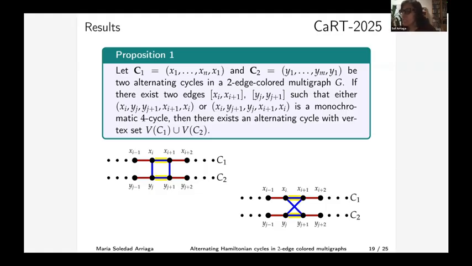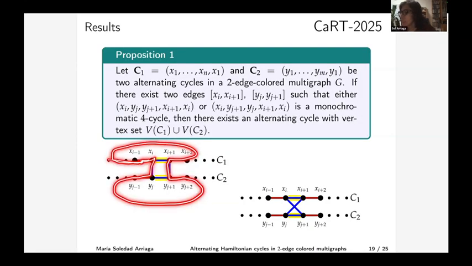If there exist two edges, one in C1 and the other one in C2, such that either this cycle is monochromatic or this cycle is monochromatic, then there exists an alternating cycle with vertex set the vertices of C1 and the vertices of C2.